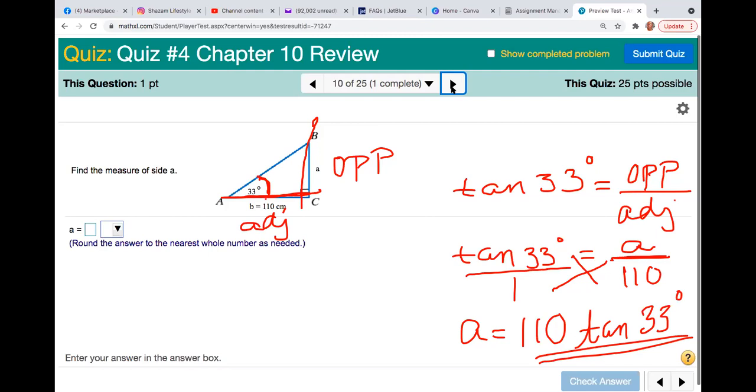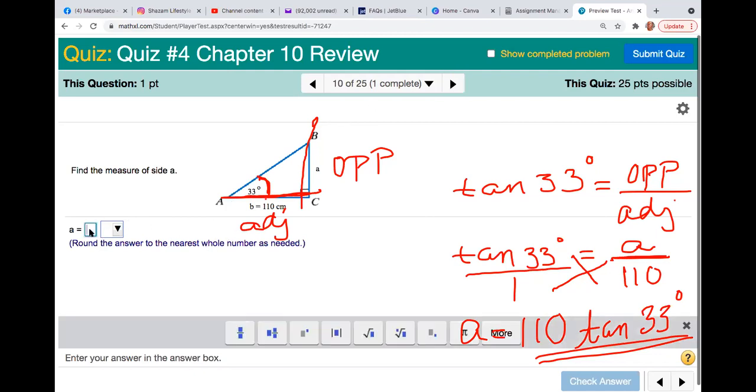When you go to the calculator, you're going to do 110 times tangent 33, or whatever angle you have, and it'll give you that length. By the way, you have to round it to the nearest whole number, no decimal. Mine turns out to be 77, and this is going to be in centimeters, because you're looking for the length of the side of the triangle.